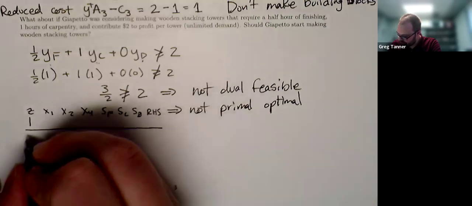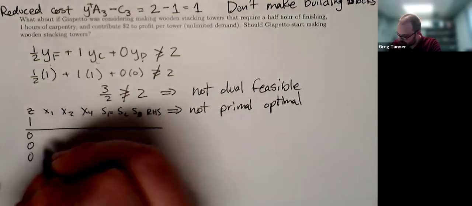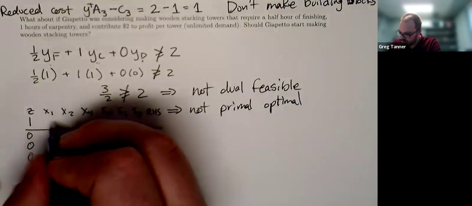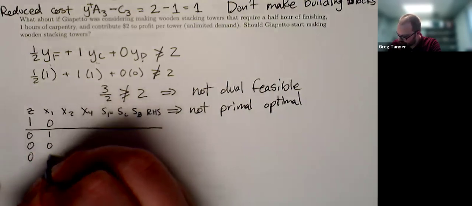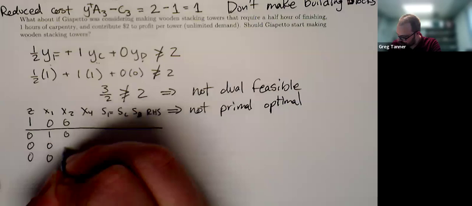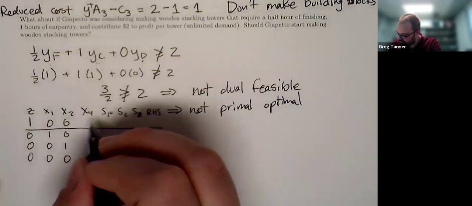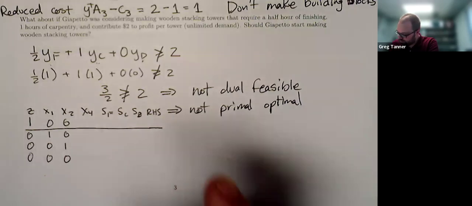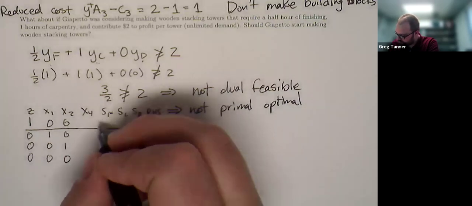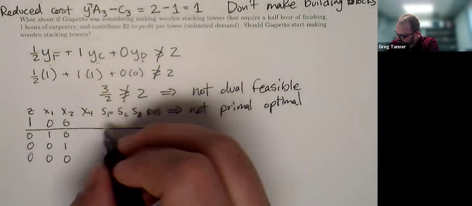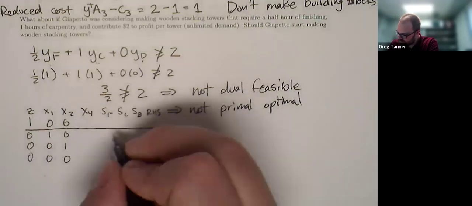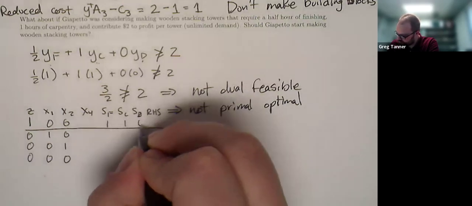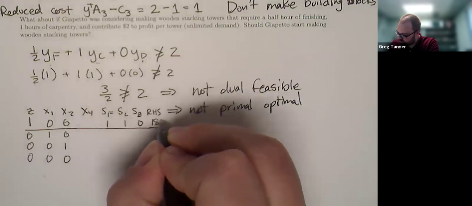Copying things down, this is going to be 0, 1, 0, 0, 0, 0, 1, 0. X4, I'm going to hold off on filling that in. SF is, here's our 1, 1, 0, and 180.